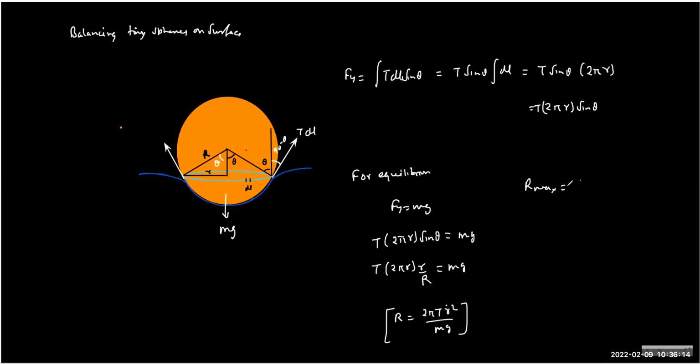For r max, the r equals R, both will be same, no? And so you can solve this, and you can see the r max actually comes out to be mg by 2 pi.